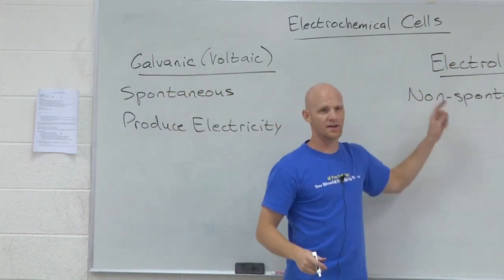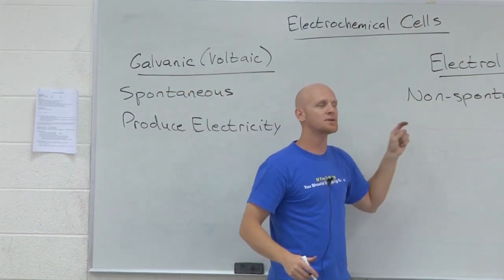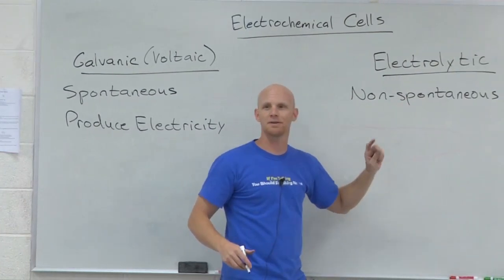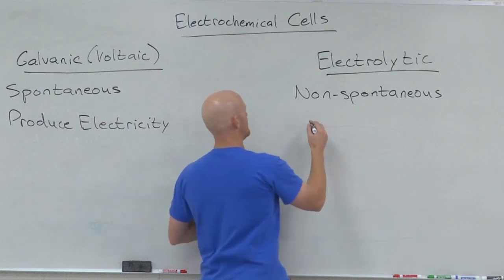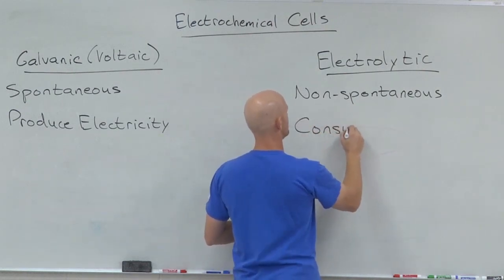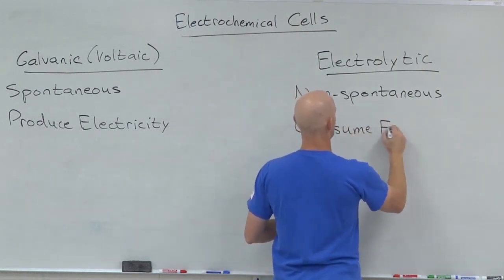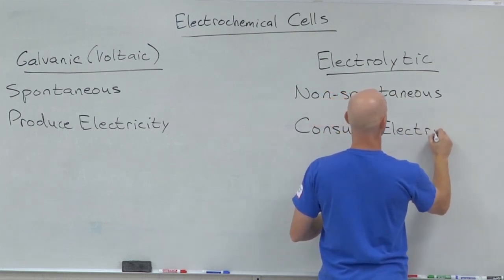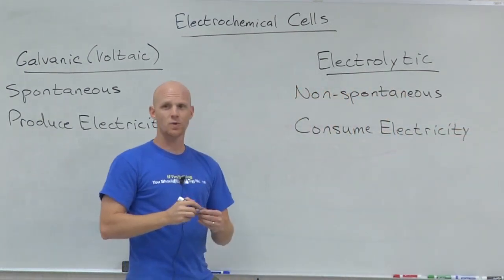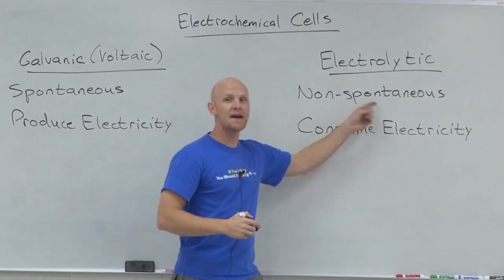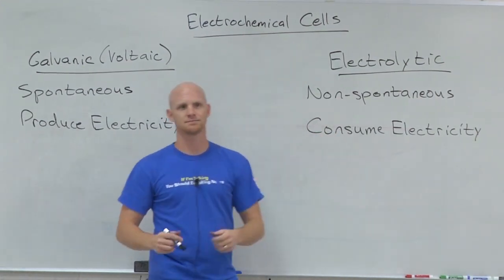Whereas in an electrolytic cell, it's not spontaneous. You actually have to pump electricity into this to make it happen. You need a power source of some sort to get an electrolytic cell to work. And so they actually consume electricity. So in an electrolytic cell, we actually use electricity to make a non-spontaneous reaction happen.